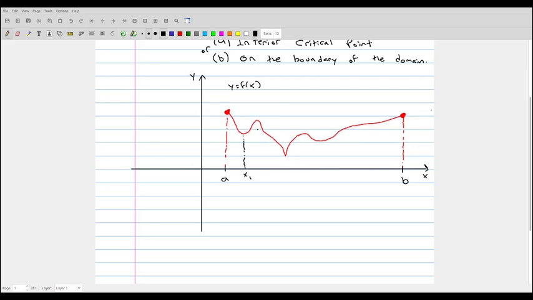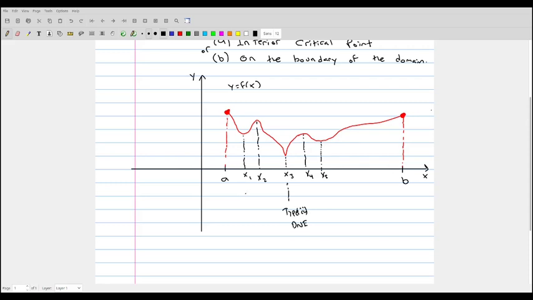One here at x1, at x2, at x3, x4, and then lastly at x5. x3 is a critical point of type 2, where the derivative does not exist.